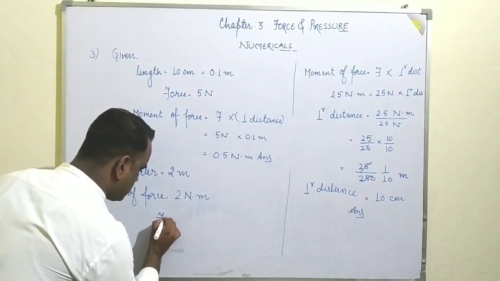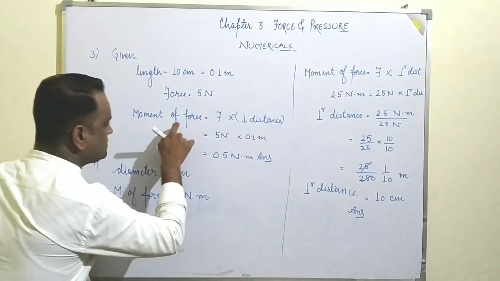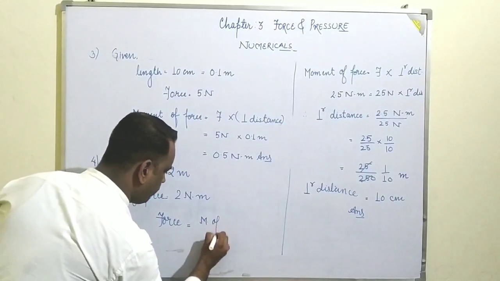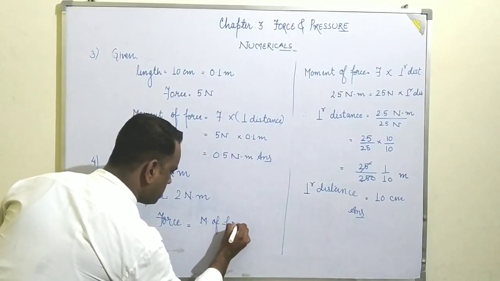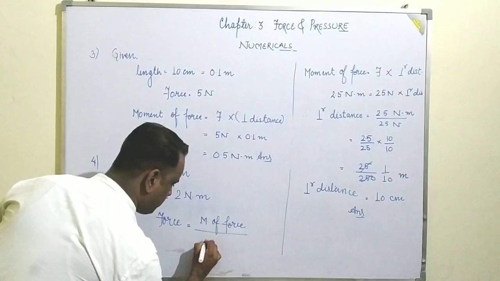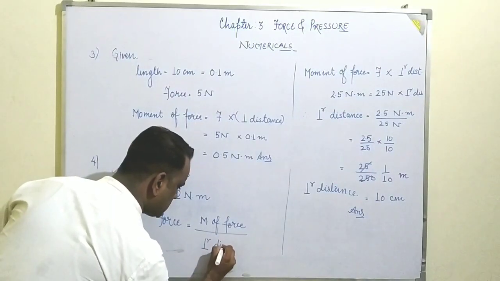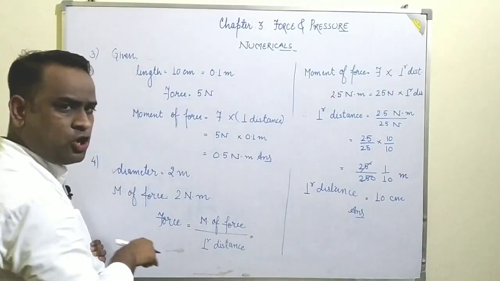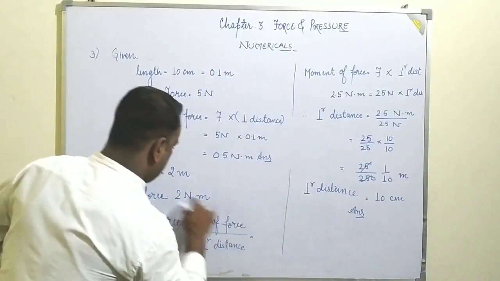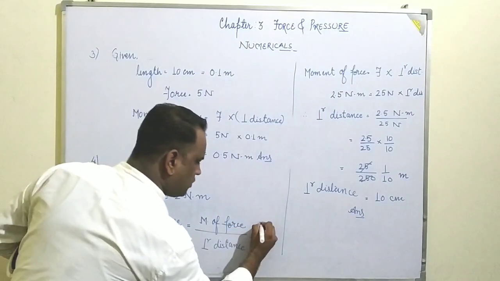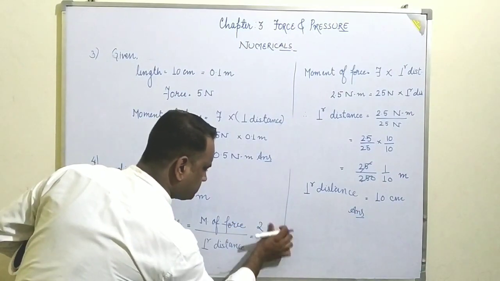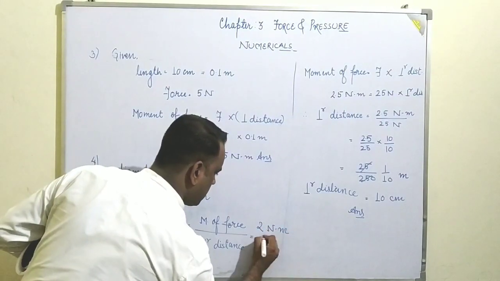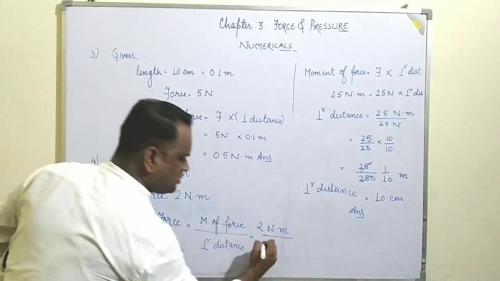So force is equal to what? By this formula, force is equal to moment of force upon perpendicular distance. Here the perpendicular distance is given by the diameter. So what we can conclude? Force equals 2 Newton meter upon perpendicular distance of 2 meter.